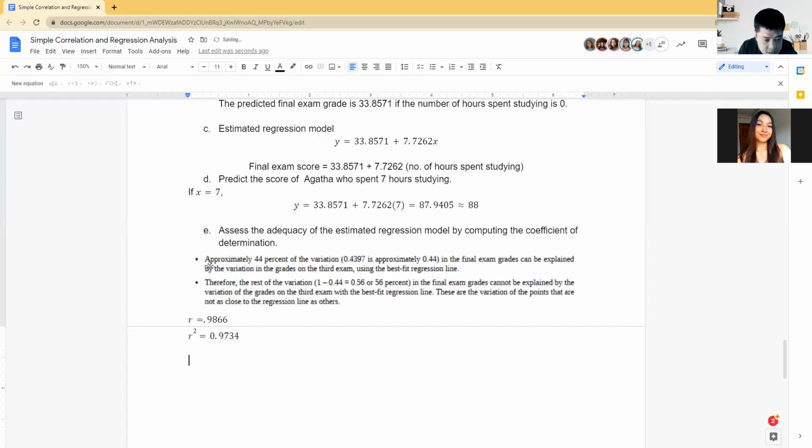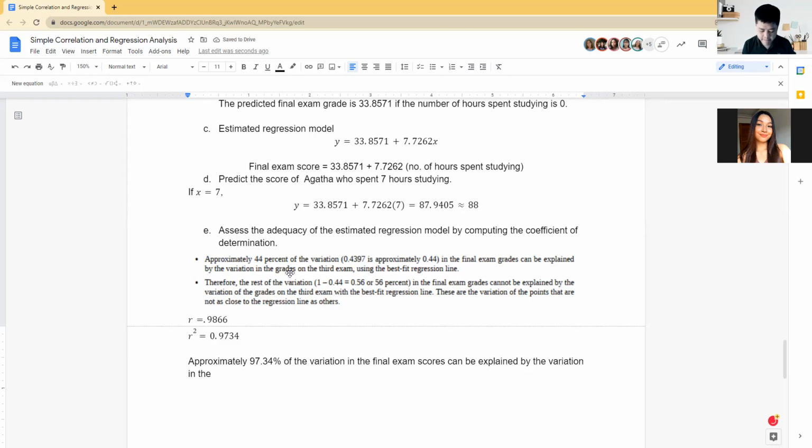So how do we interpret that? We can use this as a pattern. Approximately 97.34% of the variation in the final exam scores can be explained by the variation in, ano yung ating independent variable?